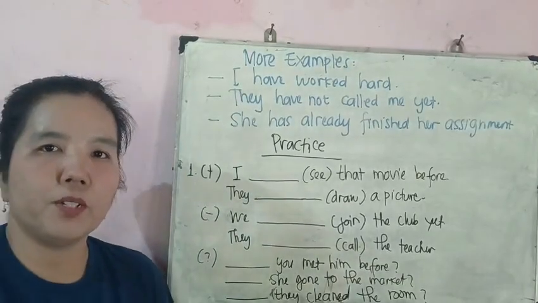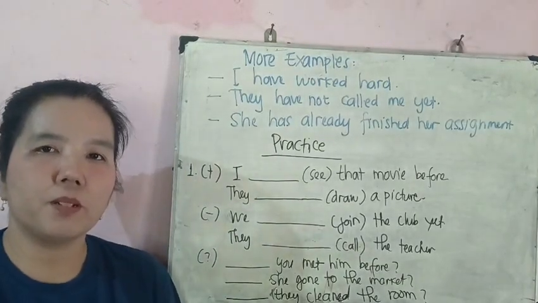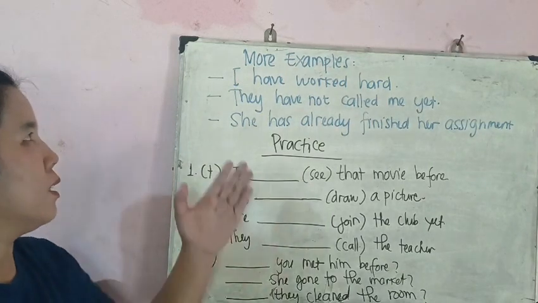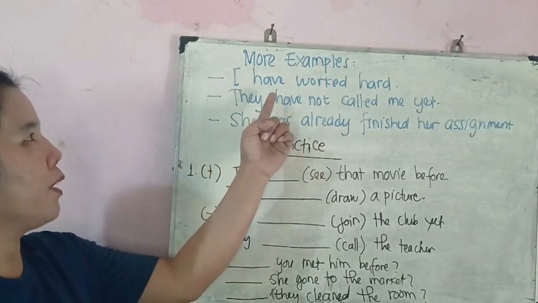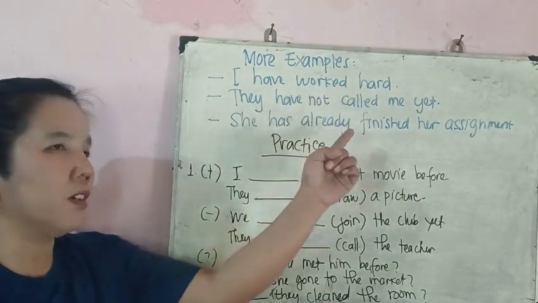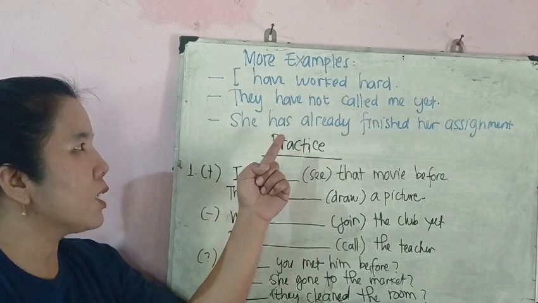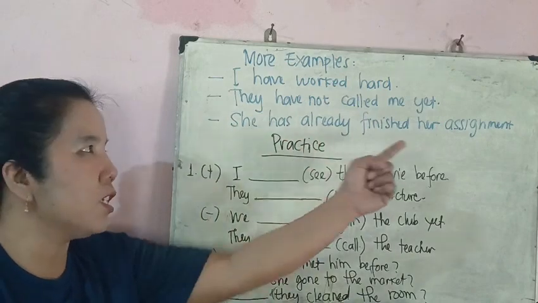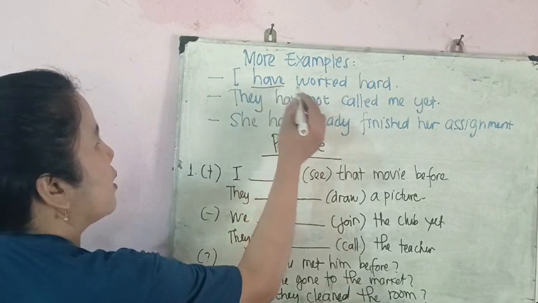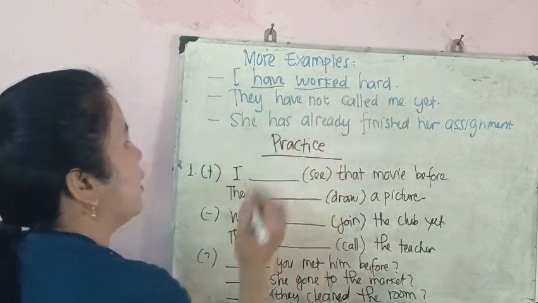Look at the board. I give you more examples of present perfect tense sentences. Here they are. I have worked hard. They have not caught me yet. She has already finished her assignment. I is subject, have is helping verb, and this is the past participle.